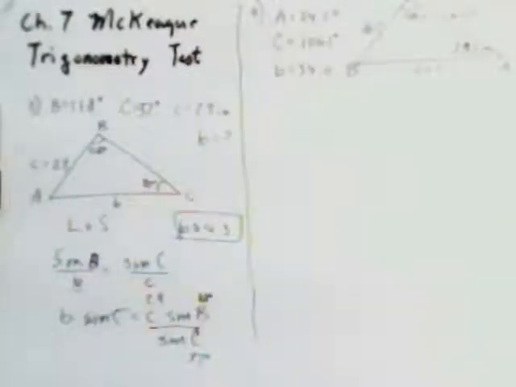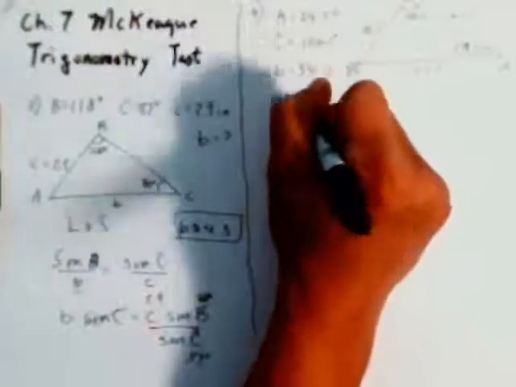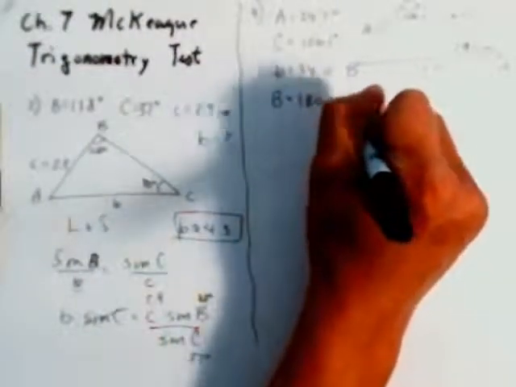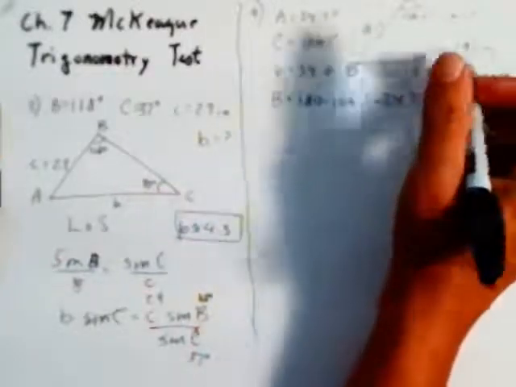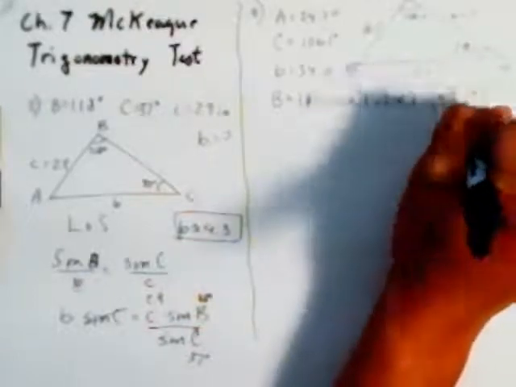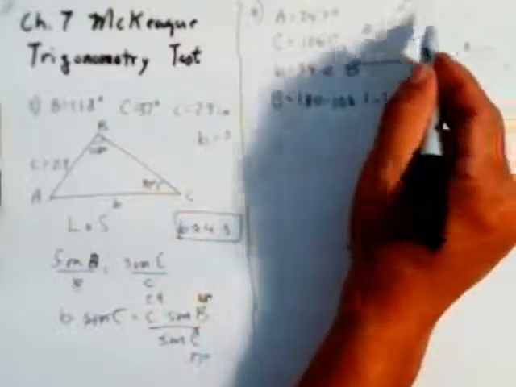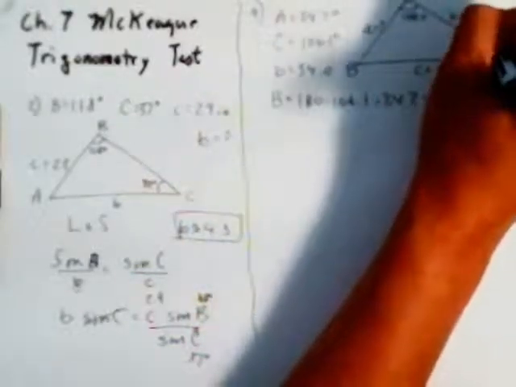So for big B, you just use your calculator. The sum of the angles of a triangle is 180 degrees, so you take 180 minus 106.1 minus 24.7, and that should be 49.2. So we found B. Little b was 34.0.